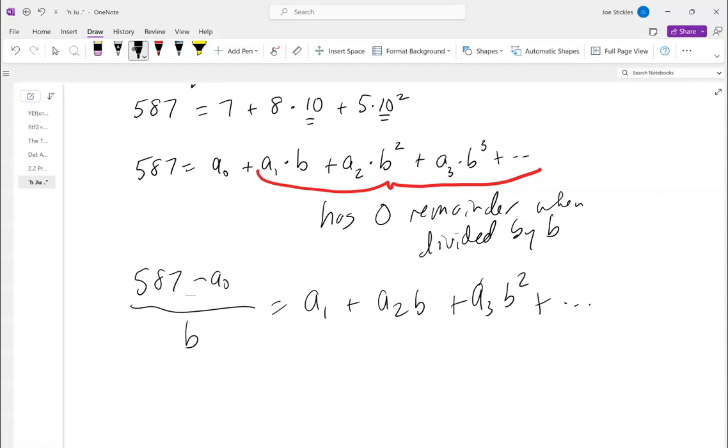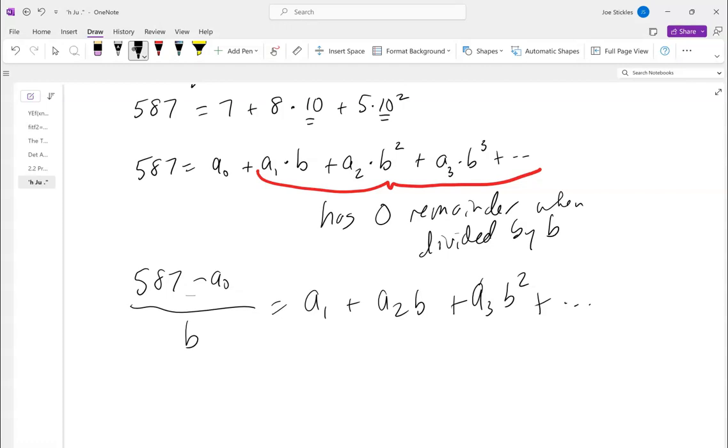So how do you think we're going to figure out what A1 is? And so if we subtract the remainder and divide by B, that gives us this expression. Now that we have a number on the left-hand side, how do you think we're going to figure out what A1 is? Yeah, do the remainder again, right? Do the exact same thing we did in the previous part.